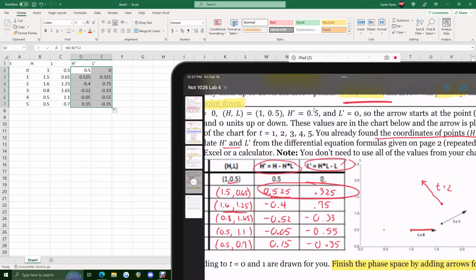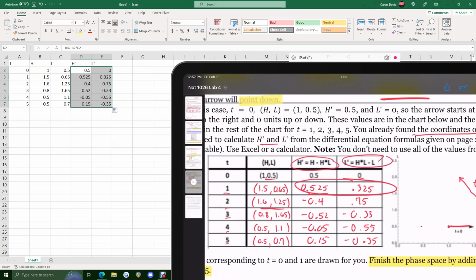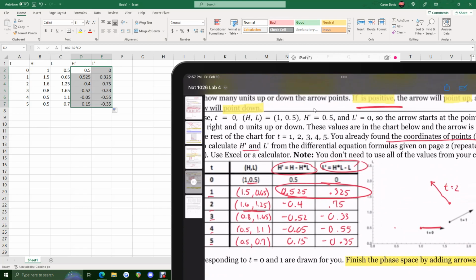I'll do one more and then wrap it up, but they want you to do it for all of them. For time 3, we're going to put 0.8 and 1.65. That's looking like right here. Then we're going to the left by 0.5, so all the way to about 0.3, and down by 0.33.